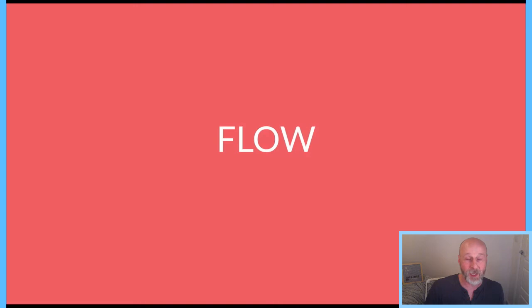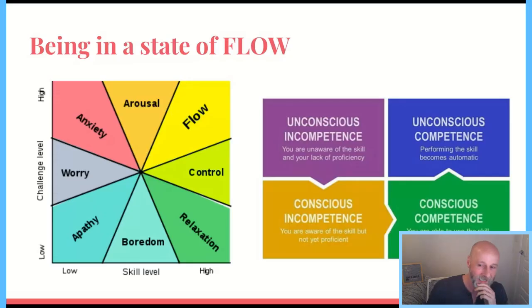And the last bit I wanted to talk about in this presentation is flow. What the hell is flow? Okay, so on the left-hand side here is the diagram of flow. Along the bottom, we have your skill level. To the left is low skill level, so it doesn't take a lot of skill.